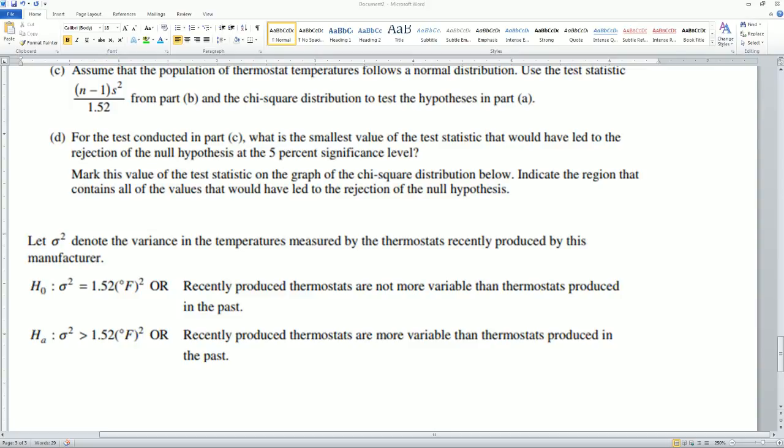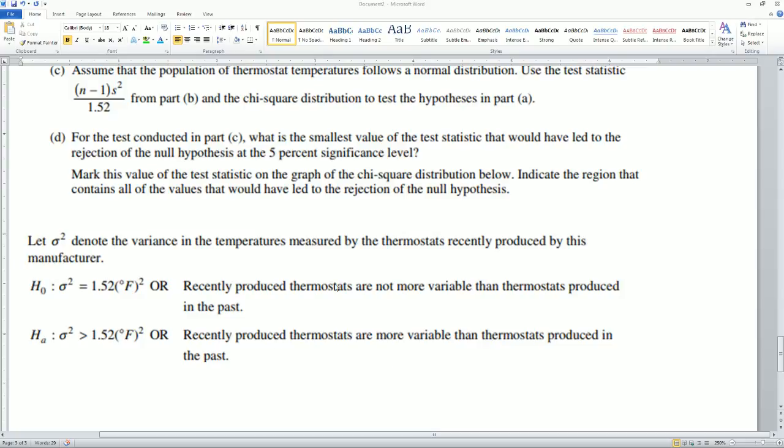Right here, it says it's equal right now. The variance is perfectly equal, and here the variance is greater than 1.52. So your answer would be correct.